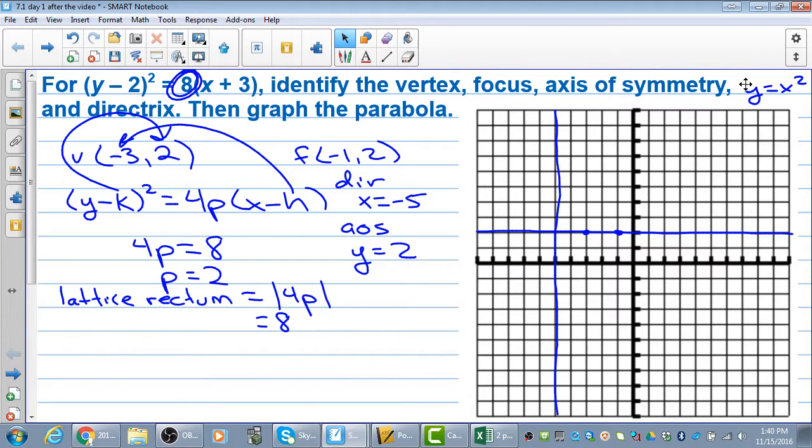Now we go over to the focus, and since the length of the latus rectum has to be 8, we go 4 up, 1, 2, 3, 4, and 4 down. And what's really nice about this is it's a very easy way to get 2 points on the parabola. So the parabola goes through these 2 points. Then we just draw a nice smooth curve, and that's all I'll require.